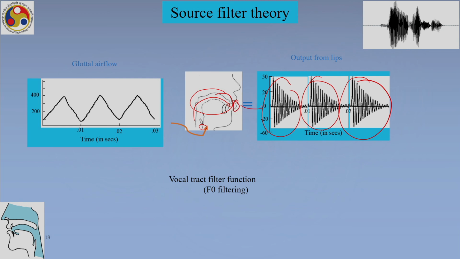So the output from the lips and what we have at the source are two different things. One of the primary contributions of source filter theory is that the source is independent, and what we have as a result of the filtering acquires quite a lot of the attributes of the supraglottal resonant chambers inside our vocal tract.